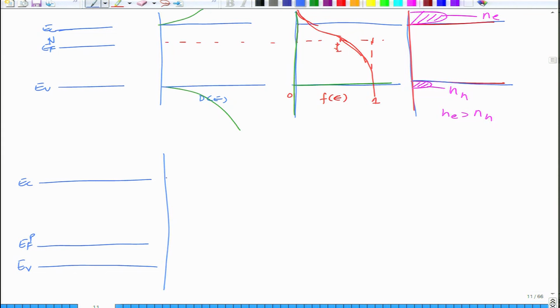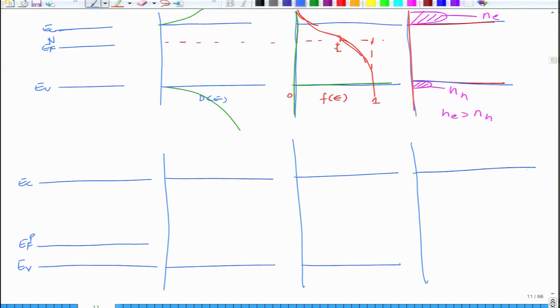Again, I want to make the same things. So, here I want to plot DE, FE, and NE or PE, right, NE or NH, or basically carrier concentration. So, this will remain the same behavior.